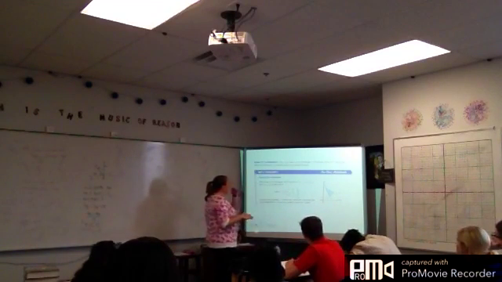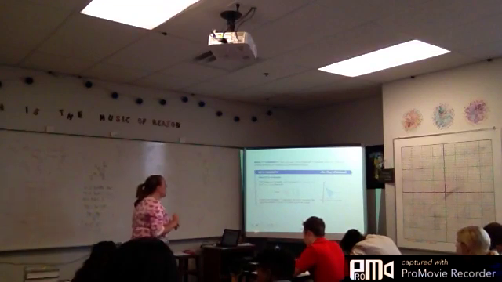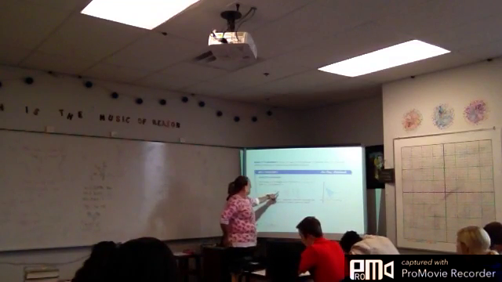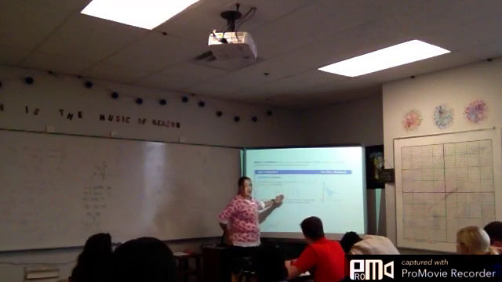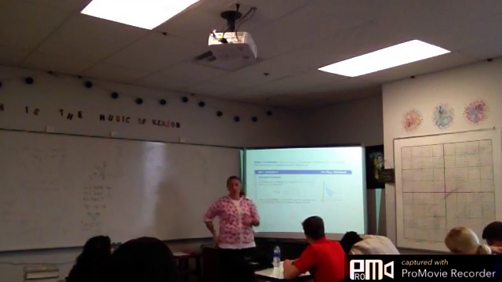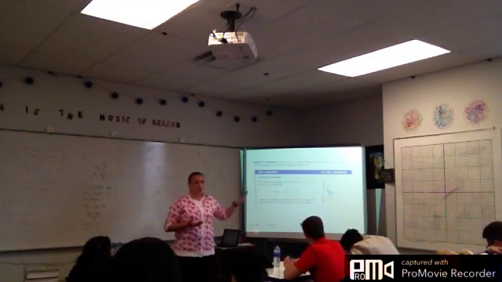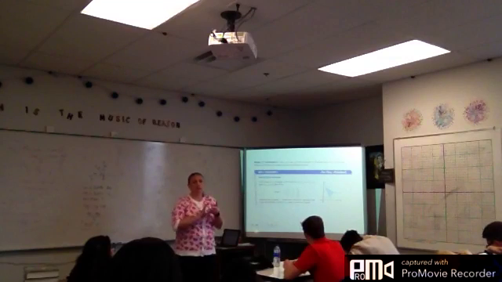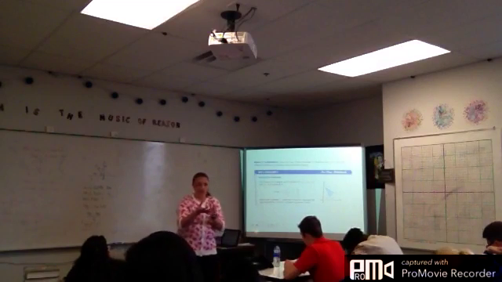The area of a triangle with vertices x1, y1, x2, y2, and x3, y3 is set equal to plus or minus 1/2. The reason plus or minus 1/2 is there is because area cannot be negative. So if my determinant comes out negative, I multiply it by -1/2. If my determinant comes out positive, I multiply it by +1/2.